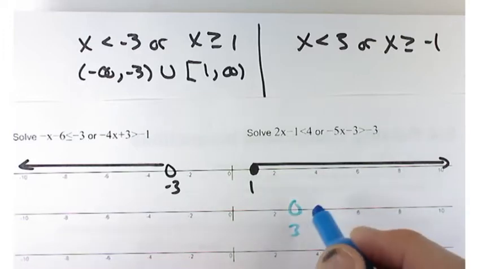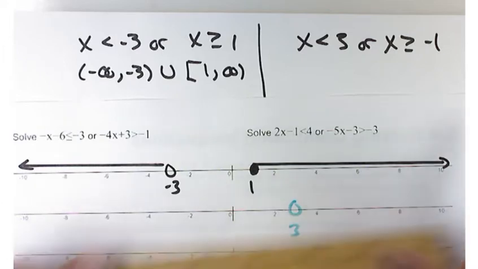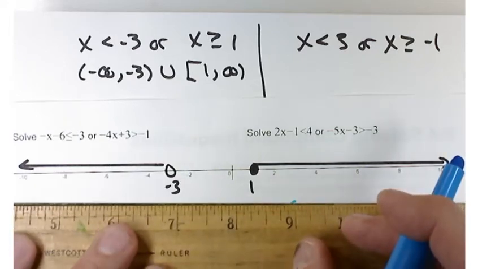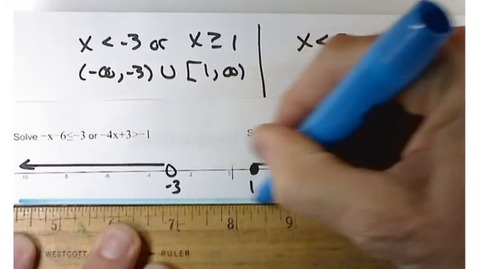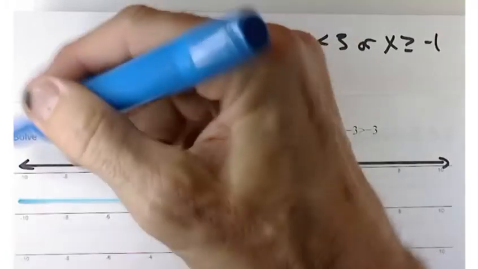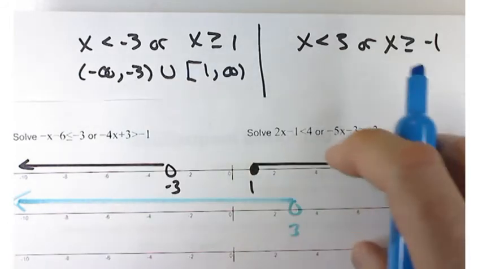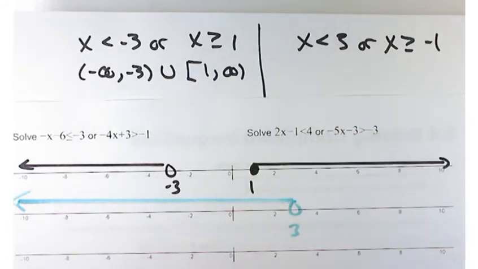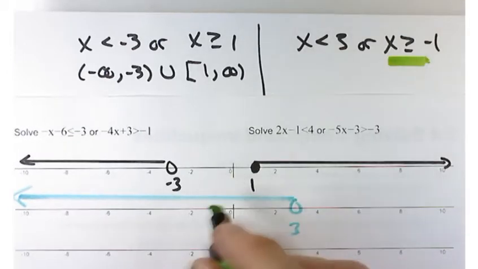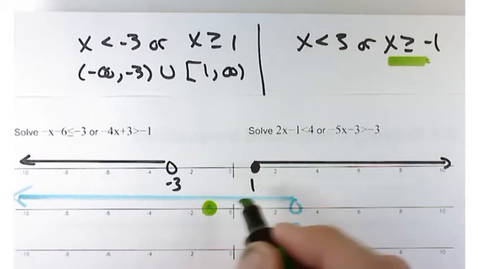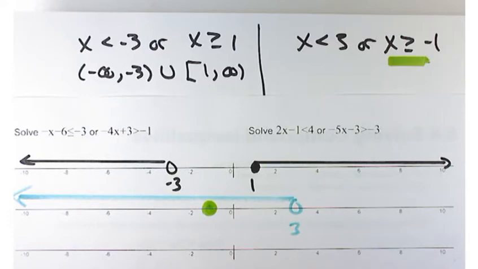That'd be a hollow dot here and an arrow to the left. And then x is greater than or equal to -1 would be a solid dot and an arrow to the right.